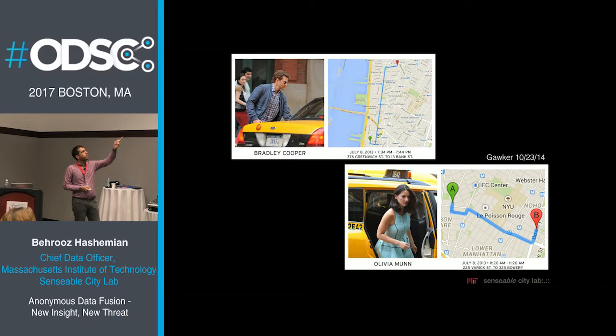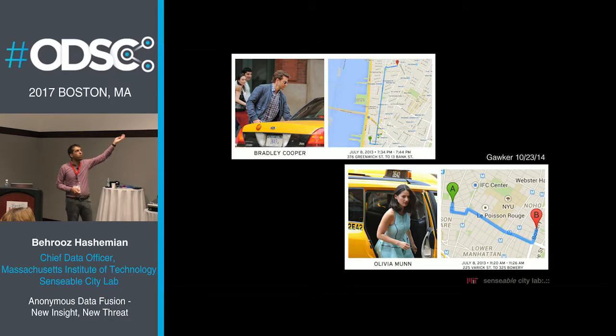One work has been done to de-identify celebrities' trips. There are many photos of celebrities taken in New York with the exact timestamp and location. If you know the exact location and exact time, you can easily go to this taxi data set and find out who was the person that took the cab at that location.